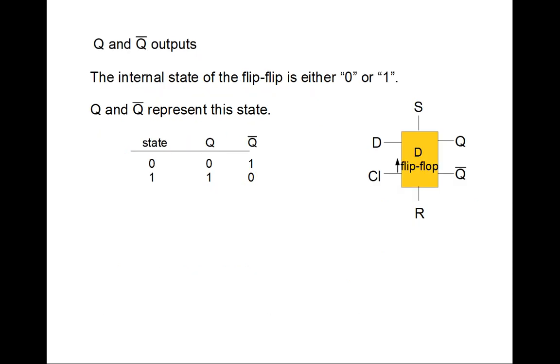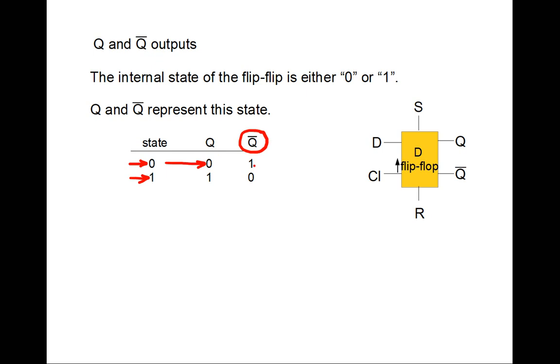Let's look at the outputs of the flip-flop first, then we'll look at the inputs. The outputs are pretty simple. There's an internal state in the flip-flop. The internal state can be 0 or it can be 1. If the state is 0, the Q output of the flip-flop is 0, and of course, the Q bar output, which is the inverse of Q, is 1.